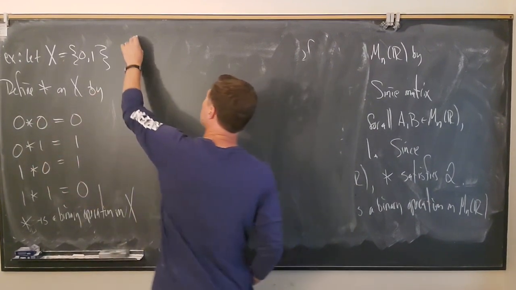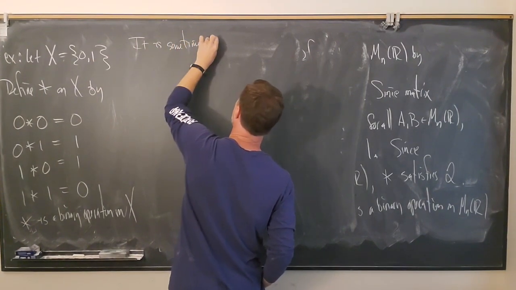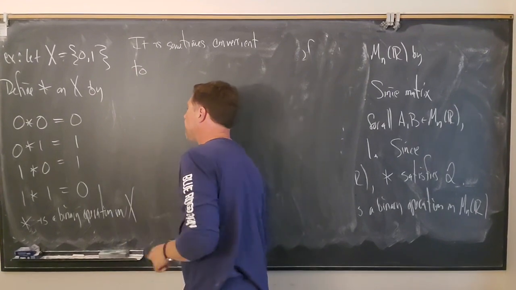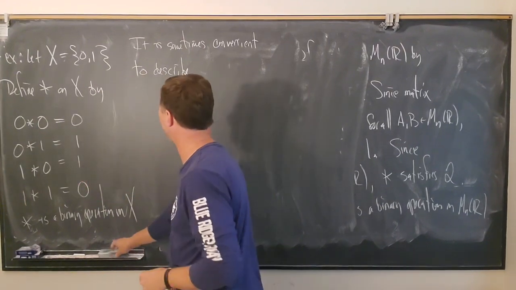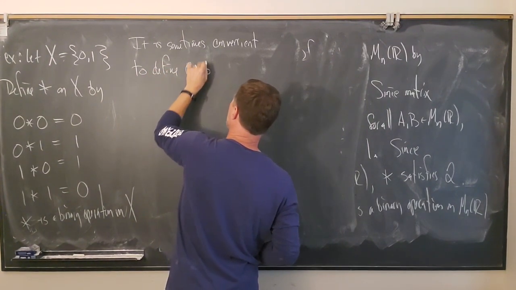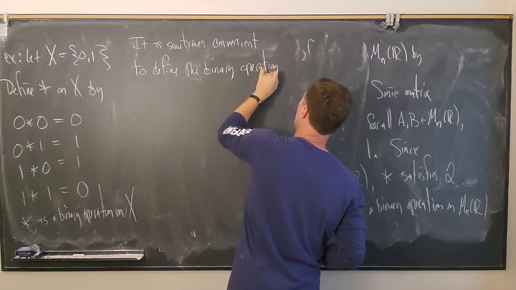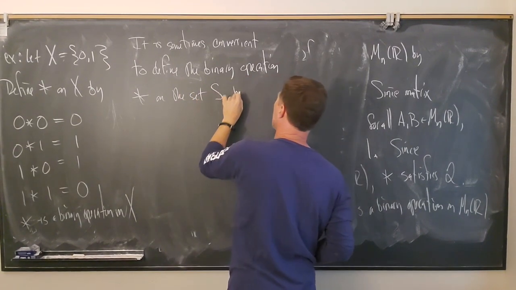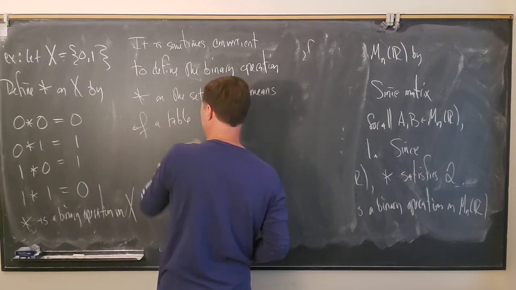So it is sometimes convenient to define the binary operation star on the set capital S by means of a table.